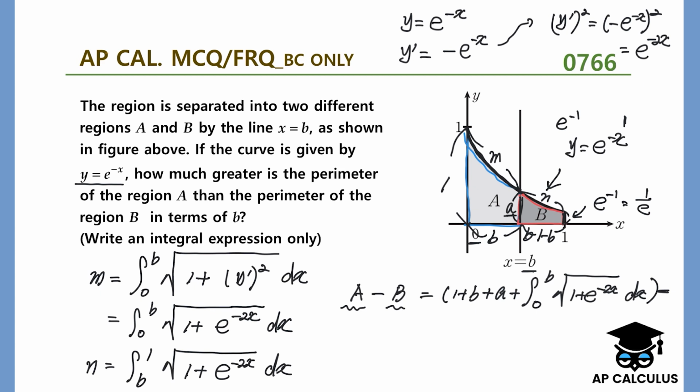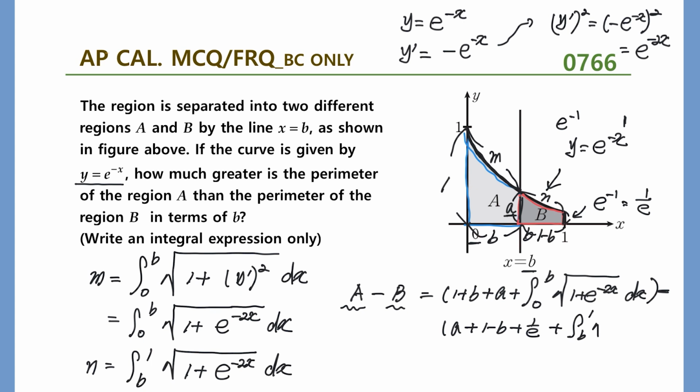That's going to be a plus 1 minus b plus 1 over e plus the integral from b to 1 of the square root of 1 plus e to the negative 2x dx.